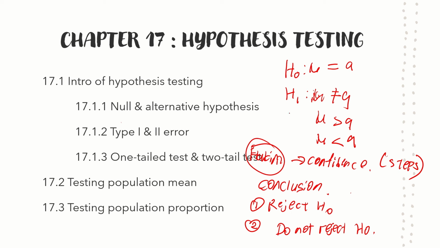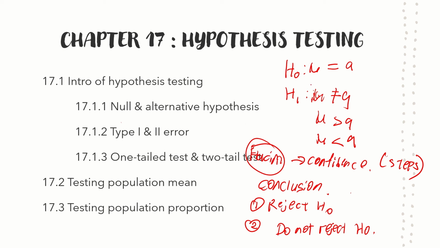Reject H0 means that you find the confidence that mu is totally not equal to A, so it can be many different values based on H1. If you do not reject H0, it means that mu is indeed equal to A. So we do not reject H0 based on the confidence you get.